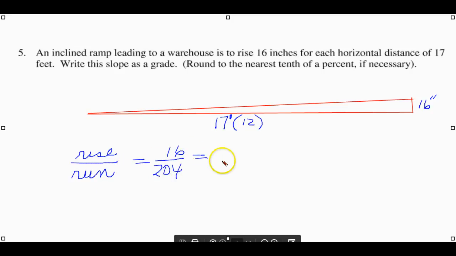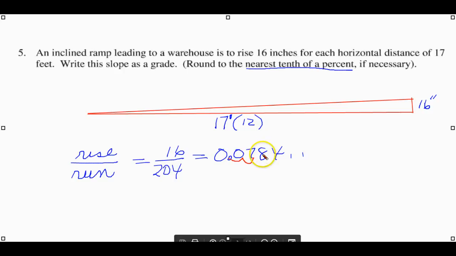Now we put that in our calculator and we get a decimal 0.0784, and it goes on, and they're instructing us to round to the nearest 1/10 of a percent. So we have to move our decimal place over 2 places to change it to percent.